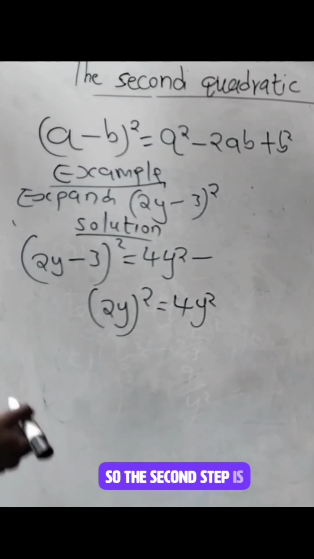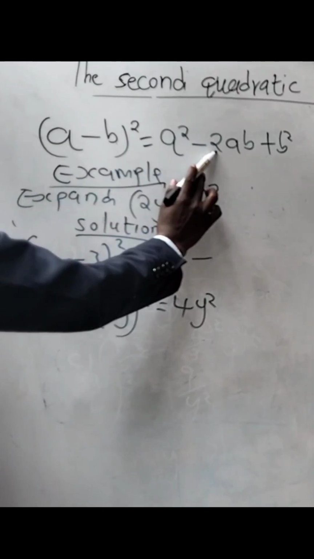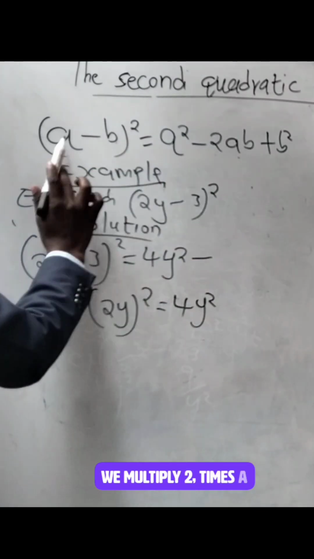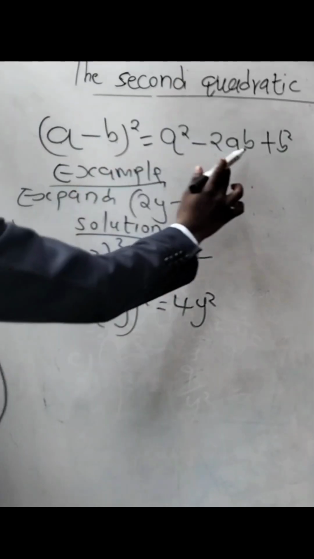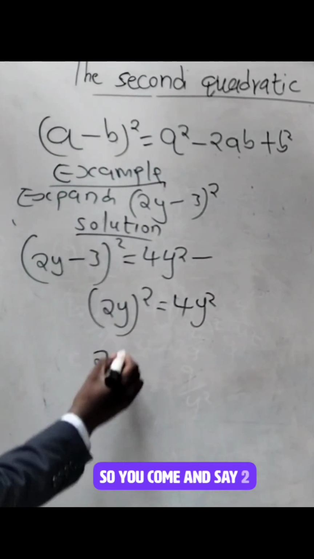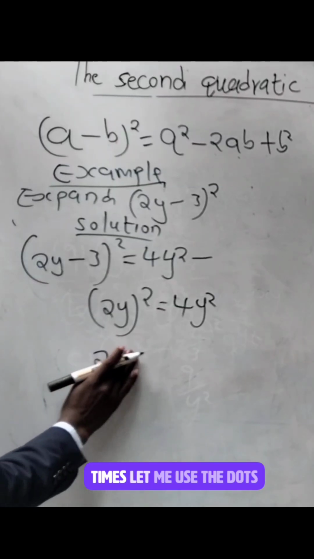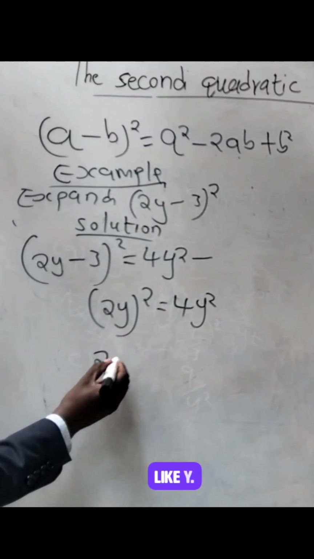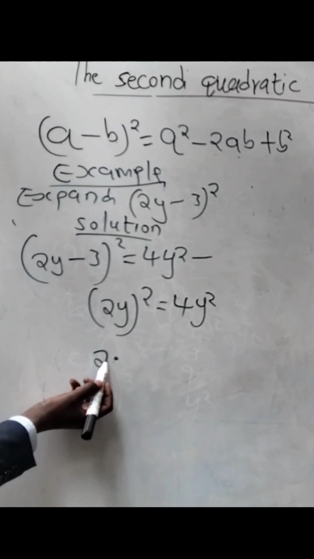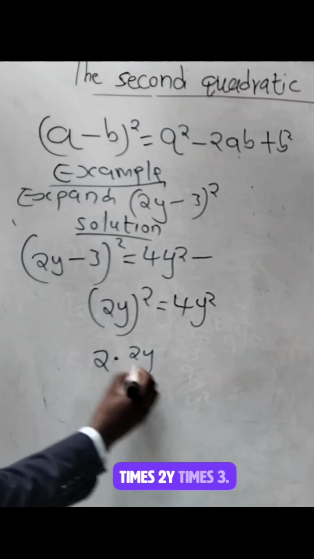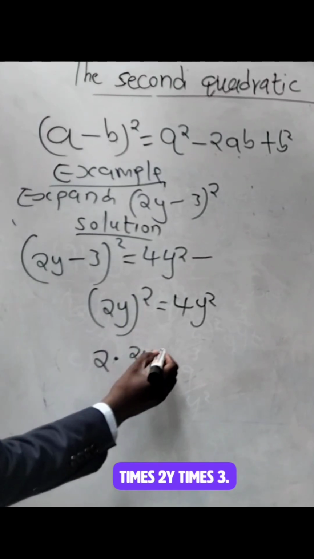So the second step is this one. We multiply 2 times a times b. So you come and say 2 times, let me use the dots so that it may not look like y, 2 times 2y times 3.